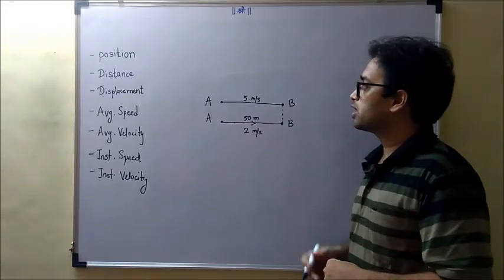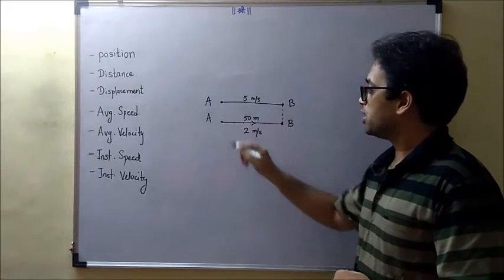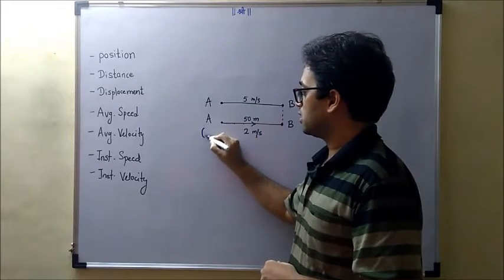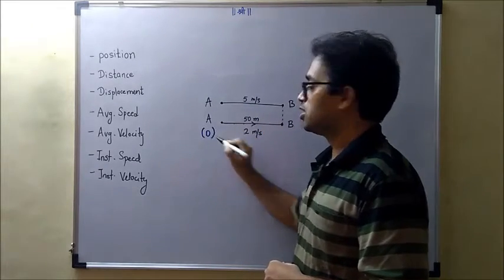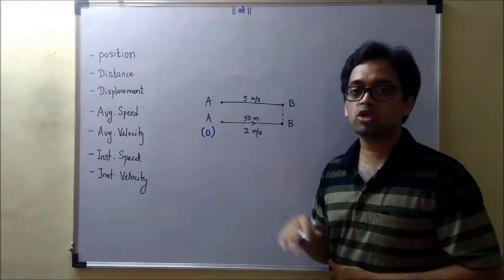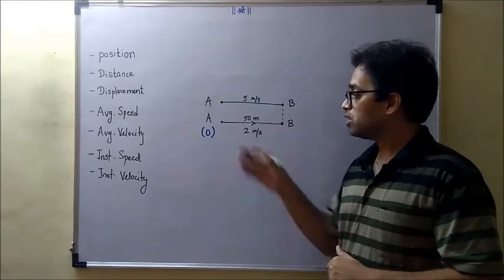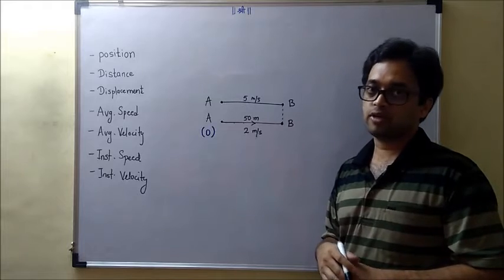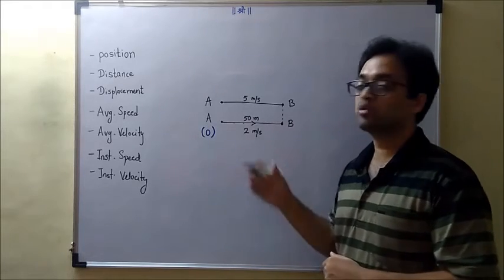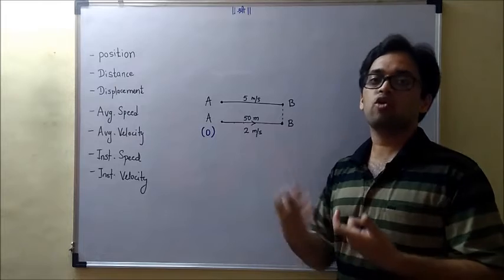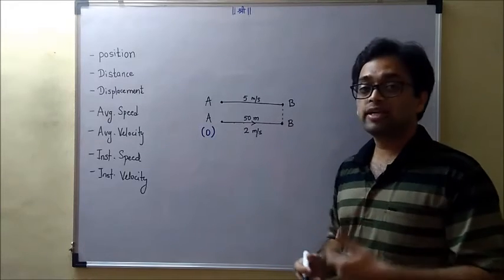So let us first take up the position. So position at A, I will assign it as 0. Since it is a one-dimensional motion, only one coordinate for position is sufficient. If it had been a two-dimensional motion, we would have to give it as x comma y, so 0 comma 0 is what I would need to specify.